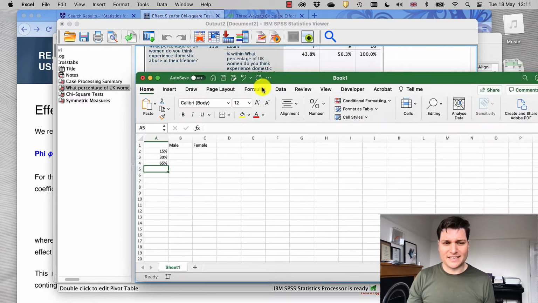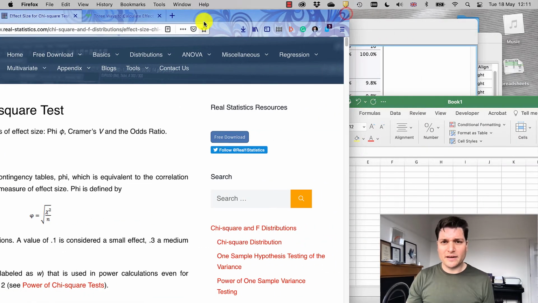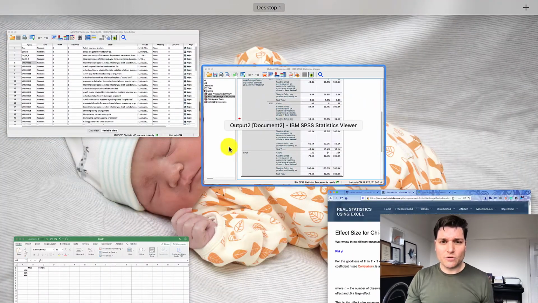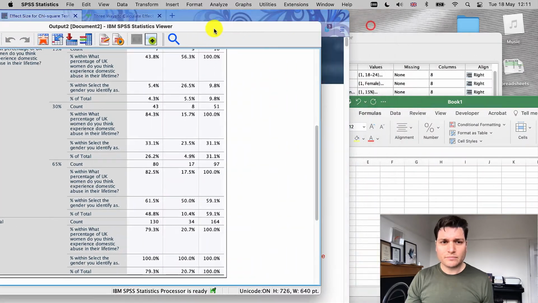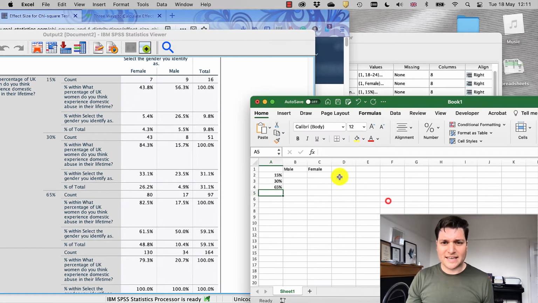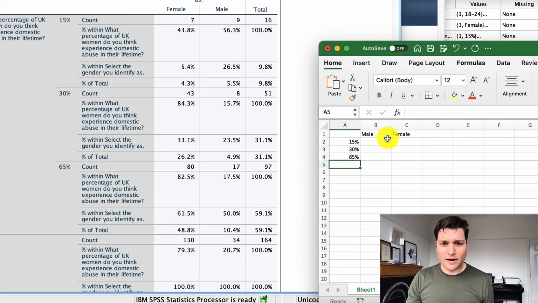Should we know this? Yes, it is right. I'm just going to copy the values which are within selected identify. So the male versions are 26.5 and the female is 5.4. The male in the next one is 23.5 and the female is 33.1.